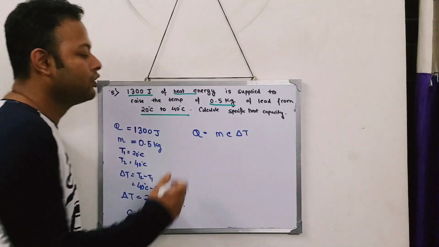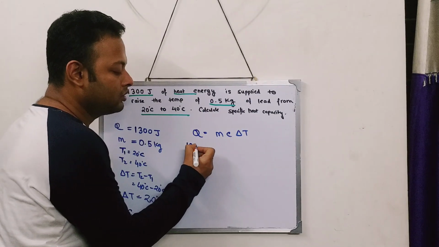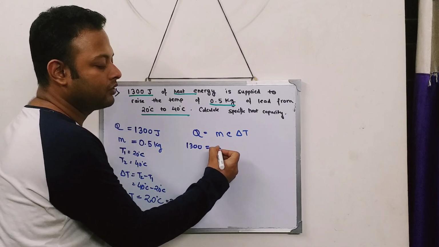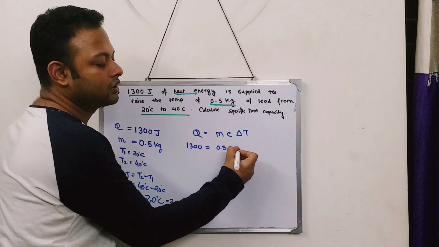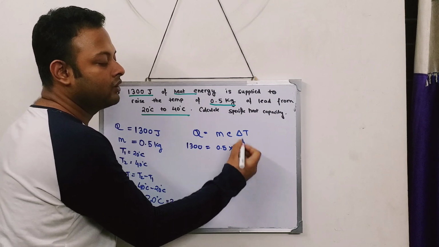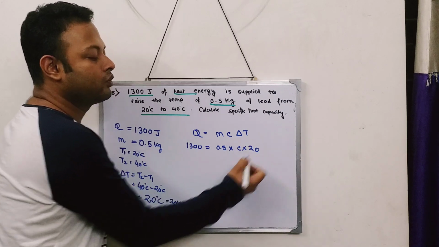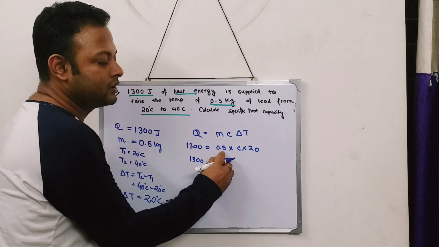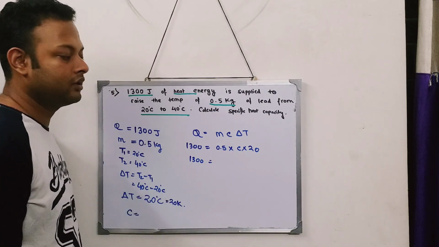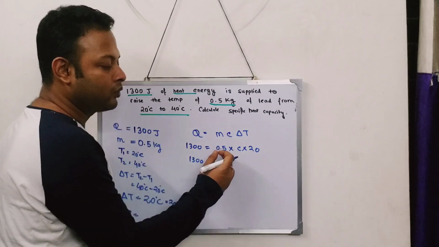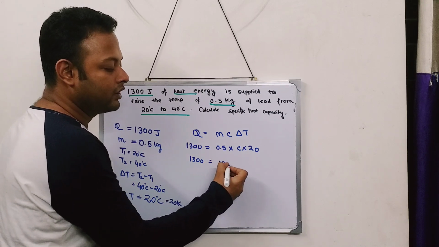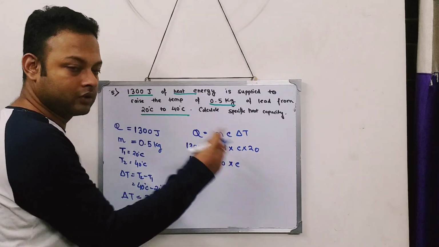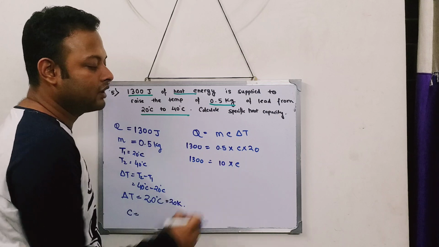So now Q will be how much? 1300. M is how much? 0.5. C is how much? I don't know, because I have to find that value. And delta T is how much? 20. Now 1300, if you multiply 0.5 by 20, how much do you get? 0.5 into 20 will give you a value of 10.